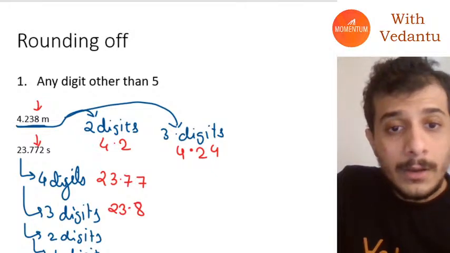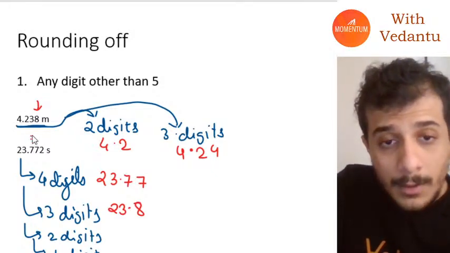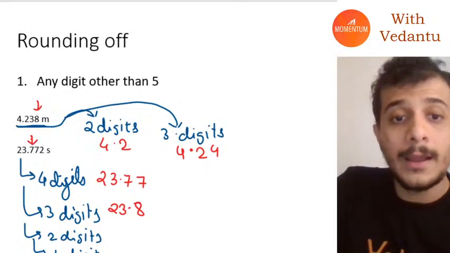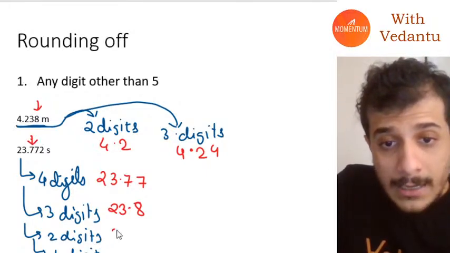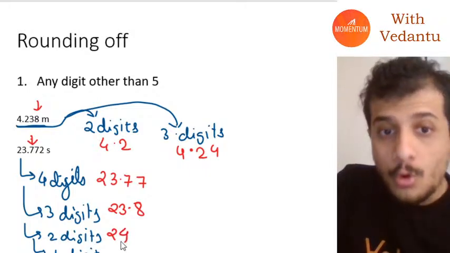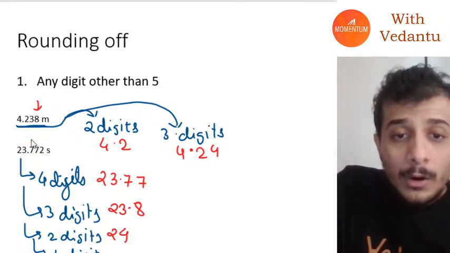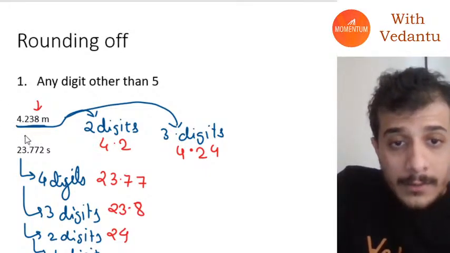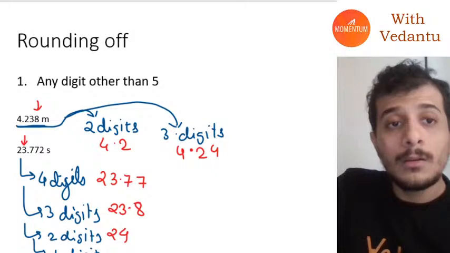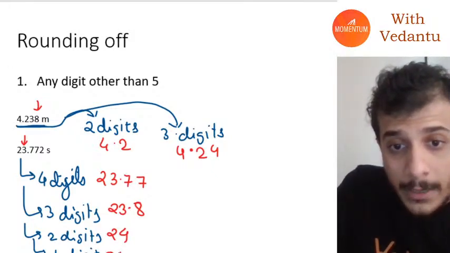If you want to round it off to 2 digits, you have to look at the third number, once again more than 5, so you will write it as 24. And if you want to round it off to 1 digit, you have to look at the second one, which is 3. So your answer will be just 20.